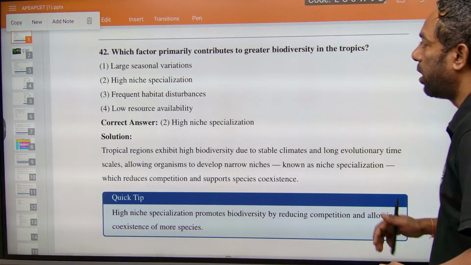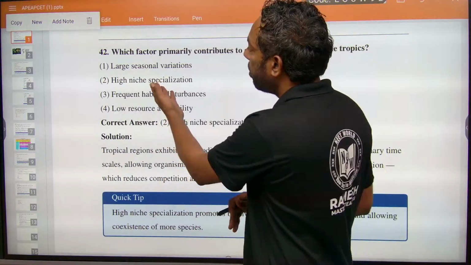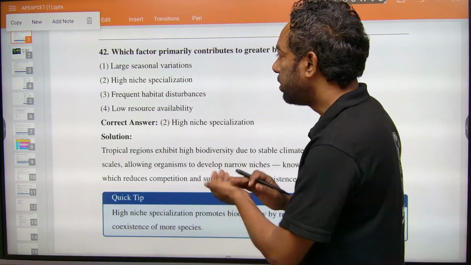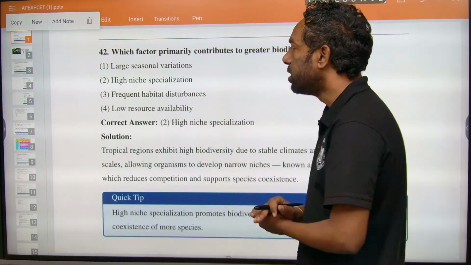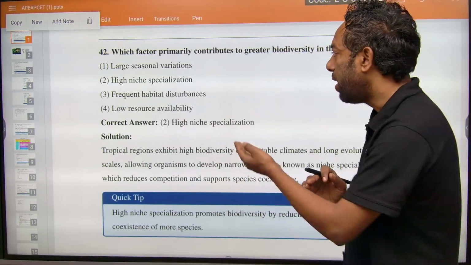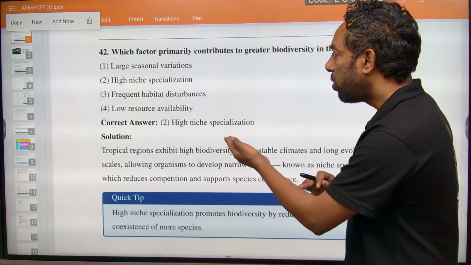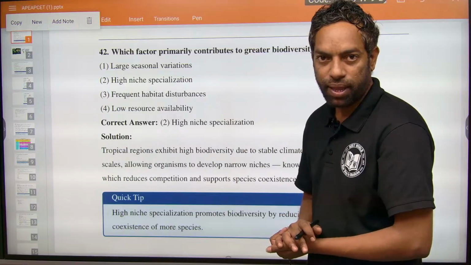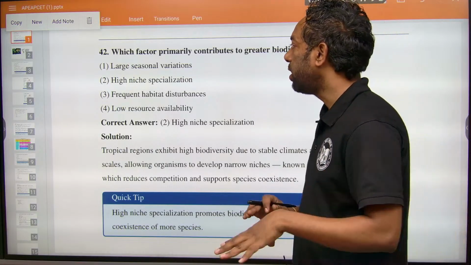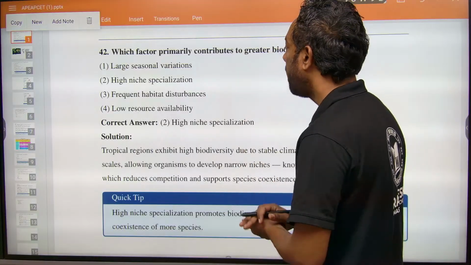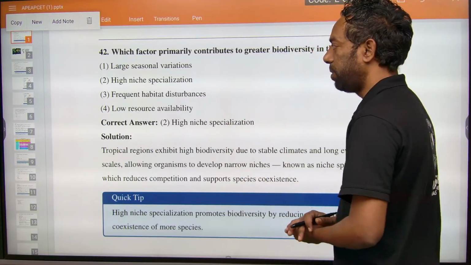The first option is large seasonal variation, the second is high niche specialization, the third is frequent habitat disturbances, and the fourth is low resource availability. You have to choose the right option, which is high niche specialization.